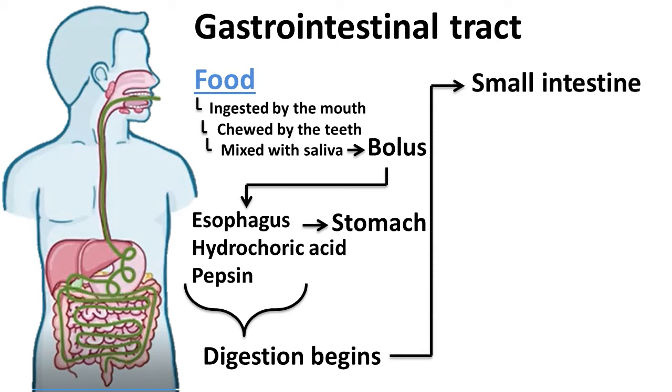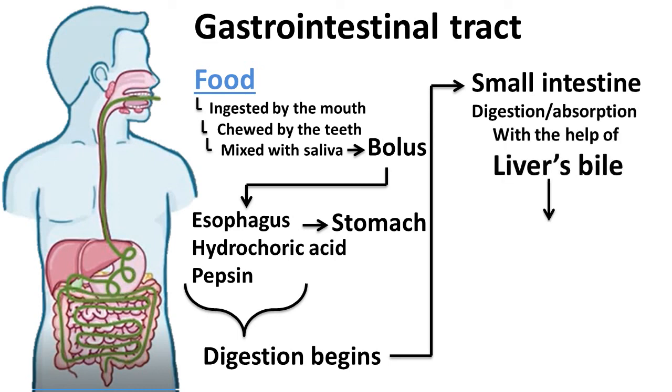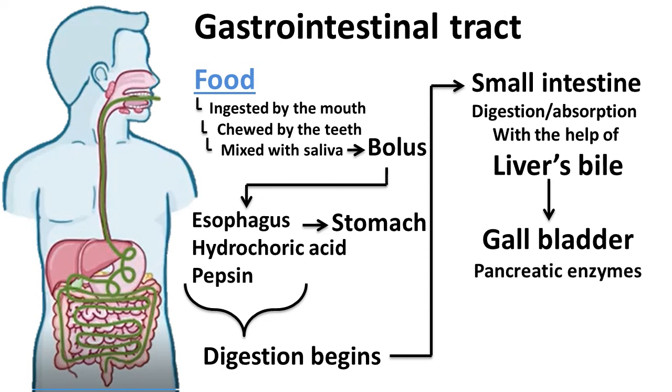So the digestion continues in the small intestine. Inside the small intestine, the digestion and absorption begin at the same time with the help of the liver's bile and the gallbladder. The gallbladder secretes the bile in the small intestine.